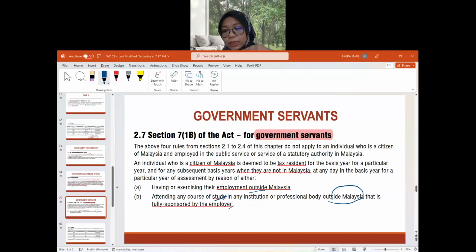Okay, they are considered as tax resident. Walaupun dia tak ada di Malaysia, contohnya yang government servant outside Malaysia ni yang bekerja di embassy, di overseas kan, but they are still considered as tax resident because they are government servants employed by the Malaysian government. Walaupun dia duduk di luar negara. Okay, not in Malaysia.